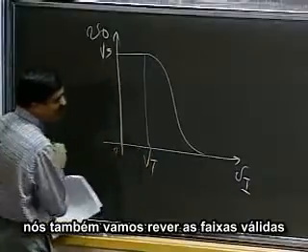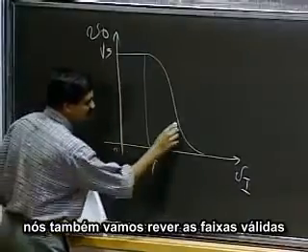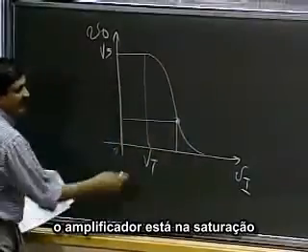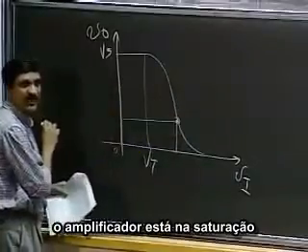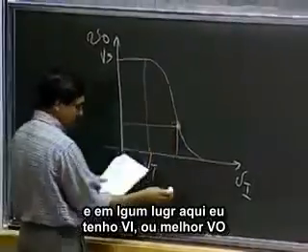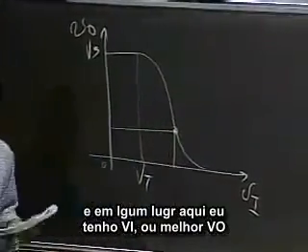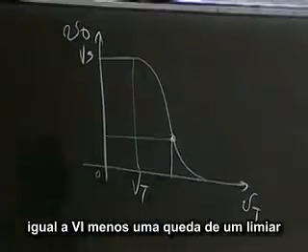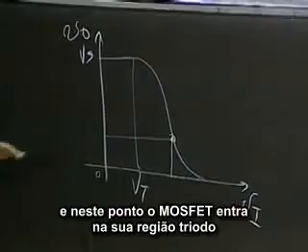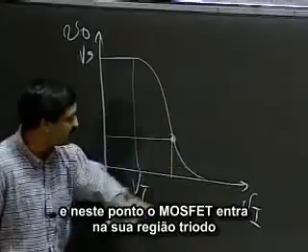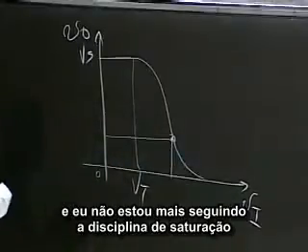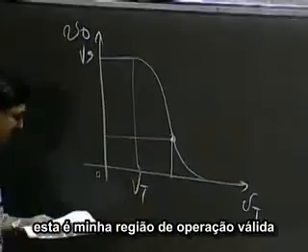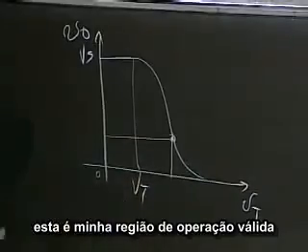We also, to quickly review the valid ranges, until some point here, the amplifier was in saturation, the MOSFET was in saturation, and somewhere here I had VO being equal to VI minus a threshold drop. At that point, the MOSFET went into its triode region, and I no longer was following the saturation discipline. So therefore, this is my valid region of operation.